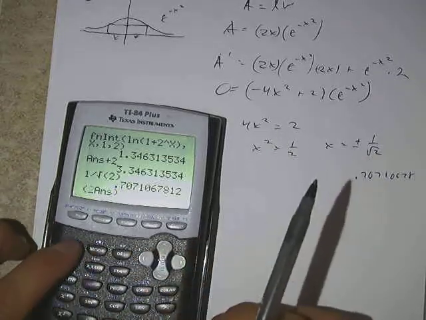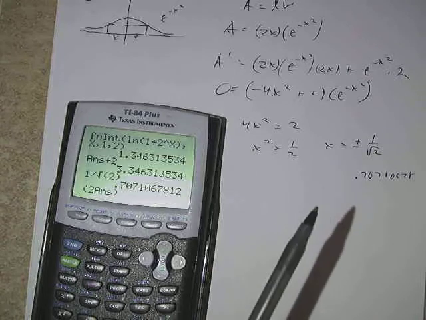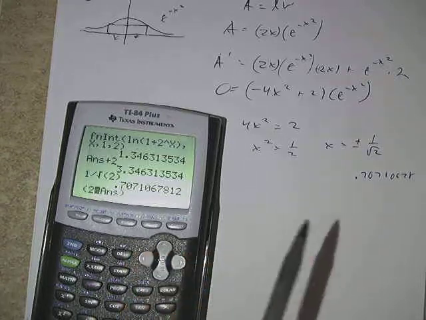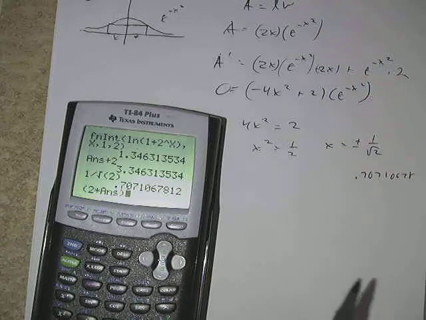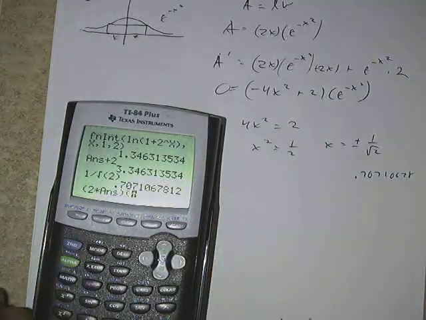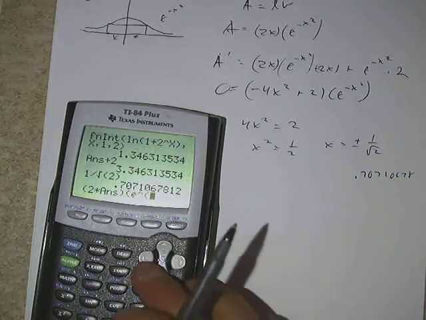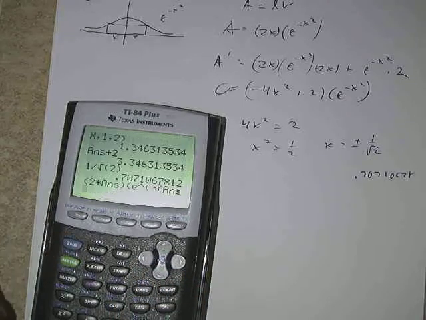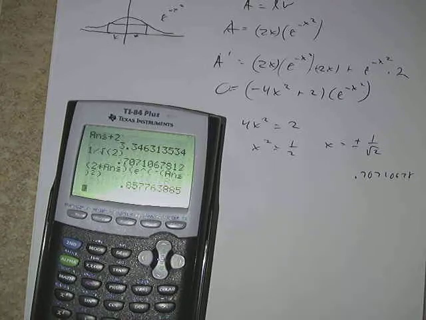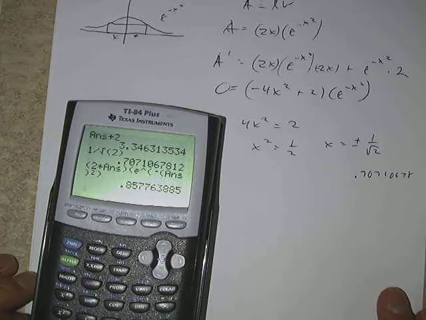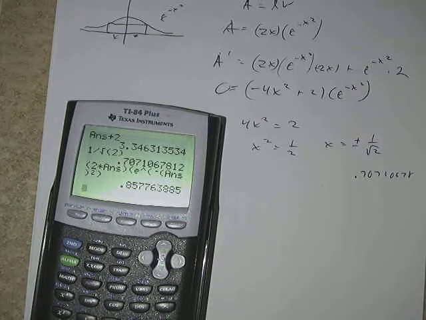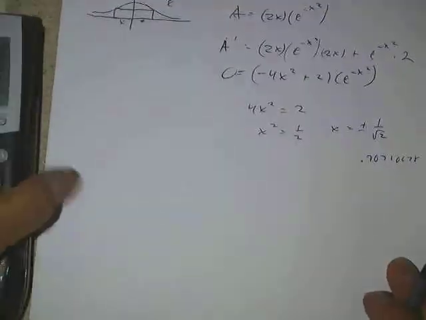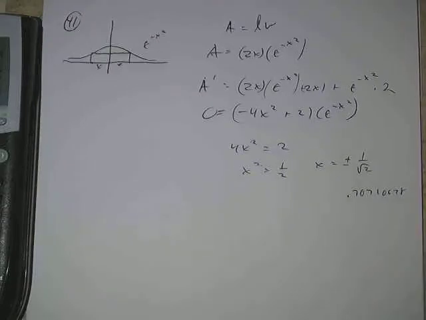So if I go 2 times our answer, times e to the negative our answer squared, we get 0.86, which should be letter D.